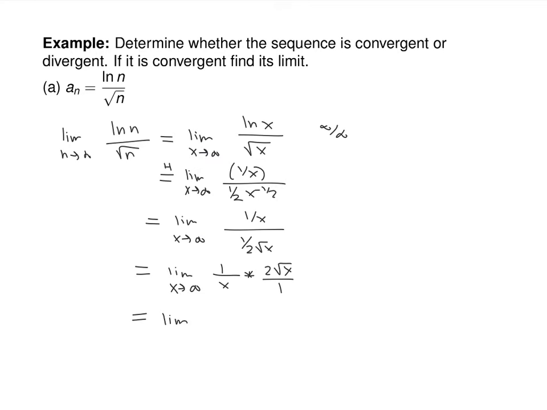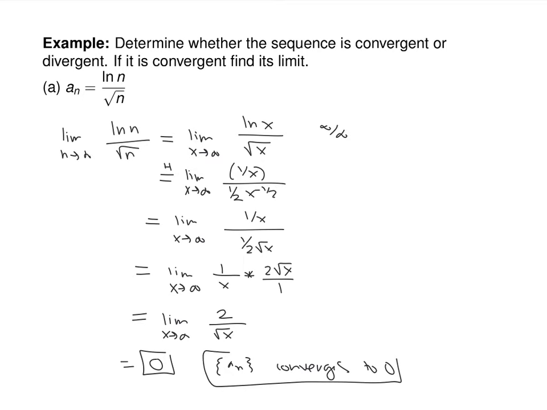And that simplifies to 2 over root x. And as x goes to infinity, this limit is 0. So you can say the sequence a sub n converges to 0.